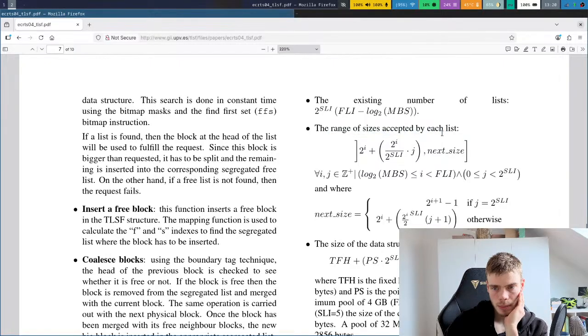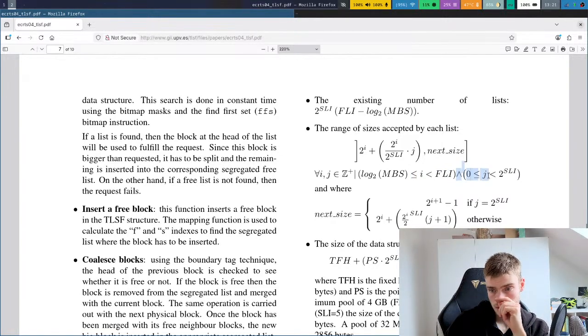Range of sizes accepted by each list: 2 to the i plus i times j, where i and j are natural positive numbers. The log of the minimum block size is less than or equal to i, which is less than the first level index.